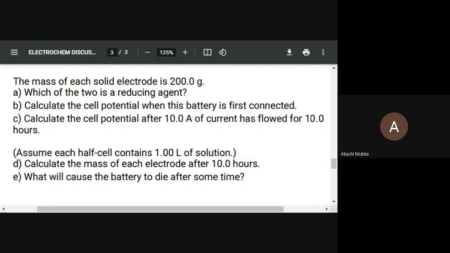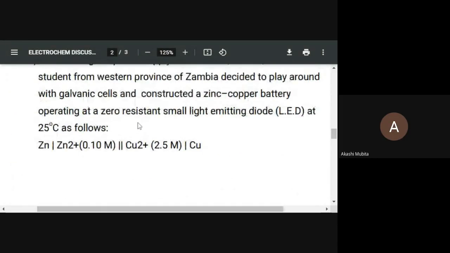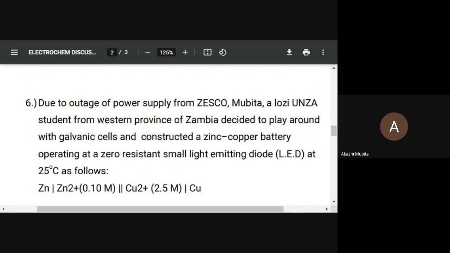Let me read out what somebody said in the chat section. Zinc is a reducing agent. Is someone able to read the whole thing that Justin Charles has written?